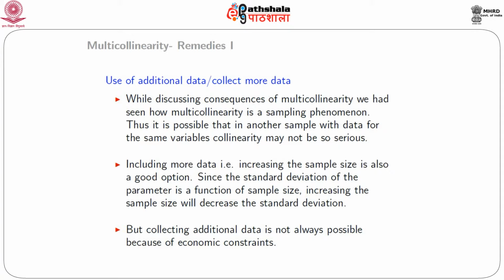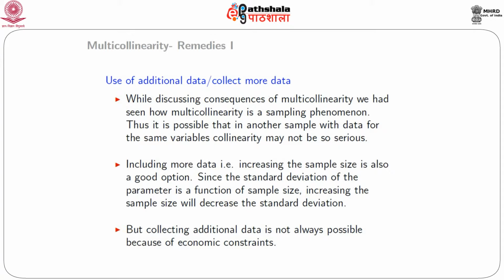However, if we select a different sample, the values collected for the predictor variables could be such that there is no multicollinearity. So, including more data, that is increasing the sample size, is a good option for removing multicollinearity. Since the standard deviation of the parameter is a function of sample size, increasing the sample size will decrease the standard deviation, which means the more sample data we have, the less is the deviation of the data from the actual values from the population.